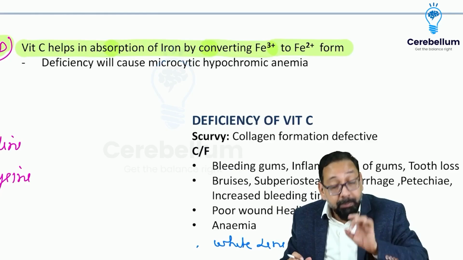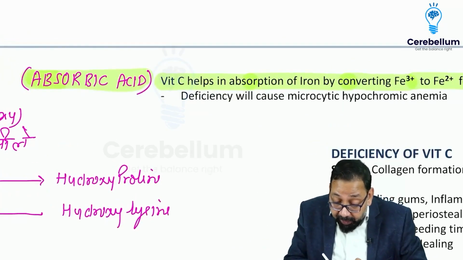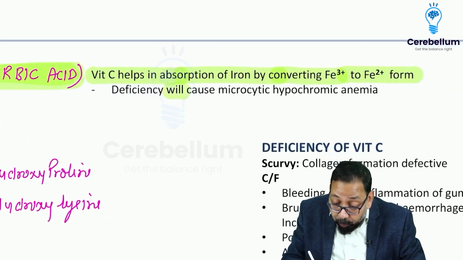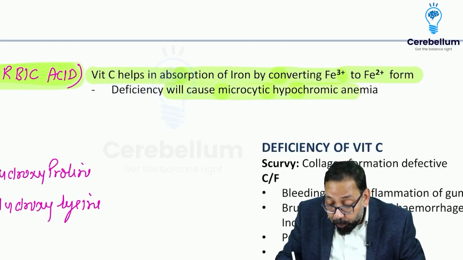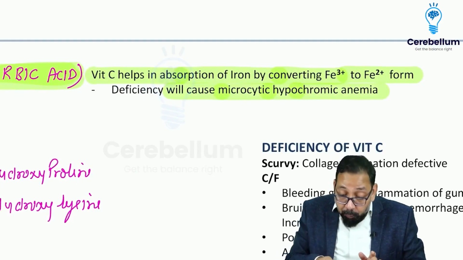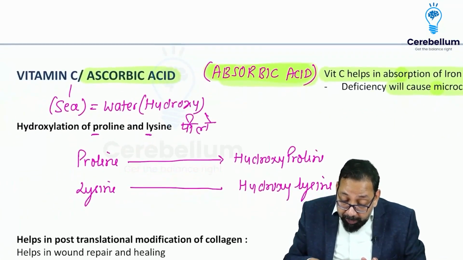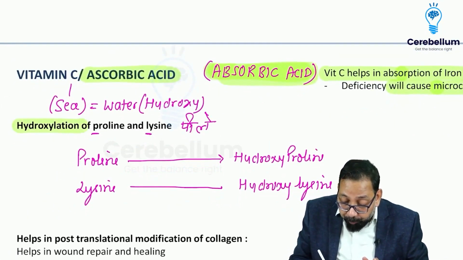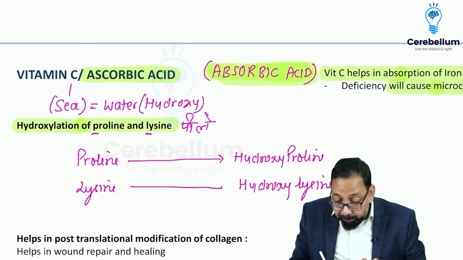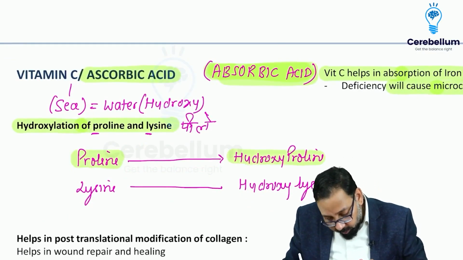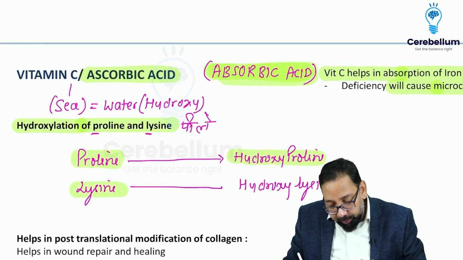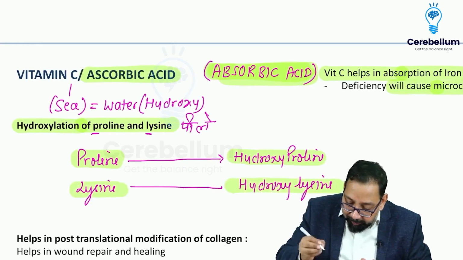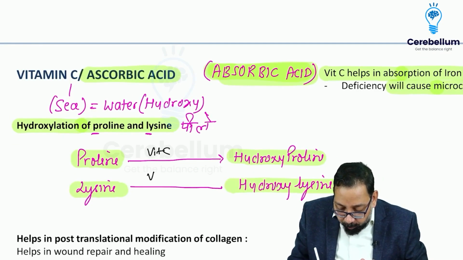So if vitamin C is deficient, it will cause microcytic hypochromic anemia. Vitamin C is required for hydroxylation of proline and lysine. Means proline is converted to hydroxyproline, lysine is converted to hydroxylysine, and in this vitamin C is required.